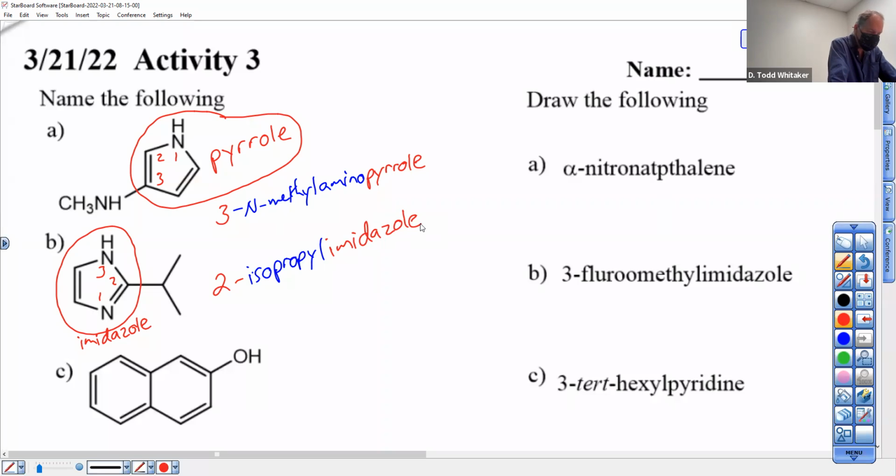Hey, this is naphthalene with an alcohol on it. Naphthalene with an alcohol can be called naphthol. And I want to remind you, there's only 2 positions in naphthalene.